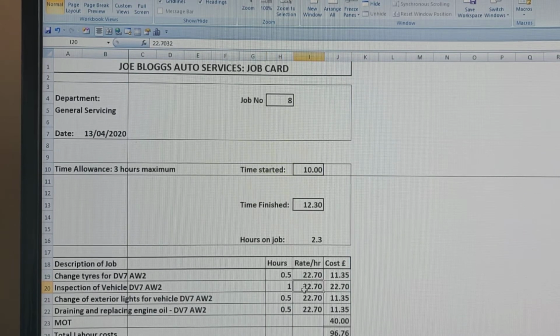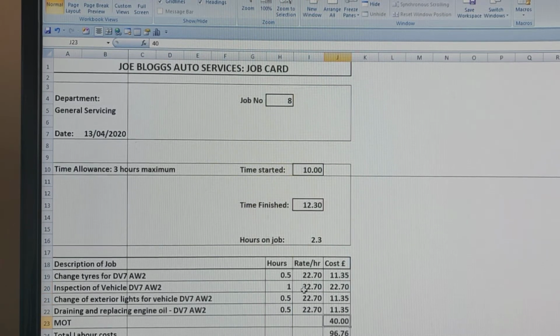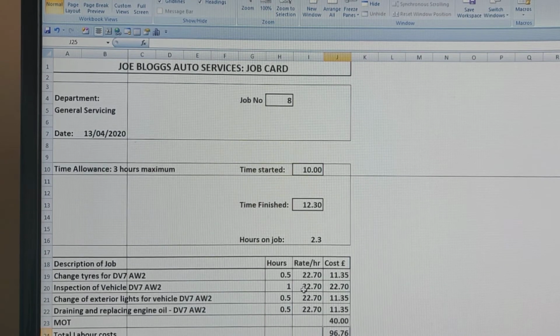At £22.70 an hour, that gives you £22.70 for that. Okay? The mechanic also changed the exterior light, and drained and replaced engine oil and so on and so forth. So added to that is the VAT for that vehicle. That gives you a total labor cost plus VAT of £96.76 for that vehicle.